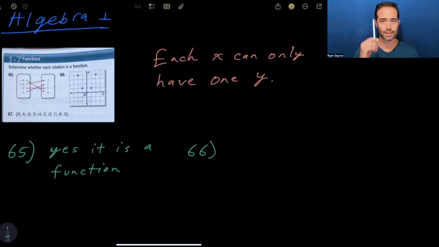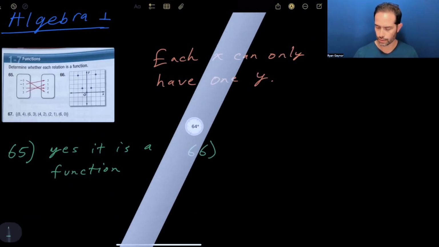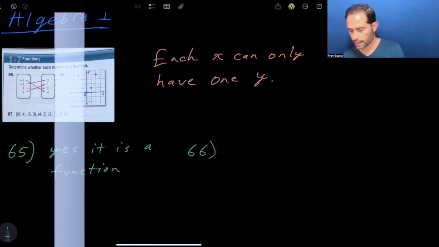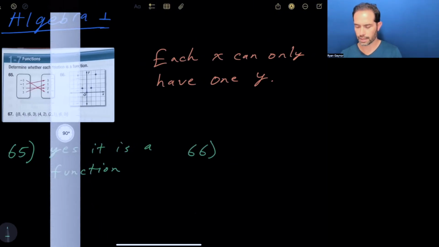So if I place my pencil on the graph, does it cross once or twice? If it crosses once, it is a function. If it crosses the graph twice, then it's not a function. So let's see, I can demonstrate that also on here with the ruler. And see, I can put the ruler anywhere, right? So that's how I check.